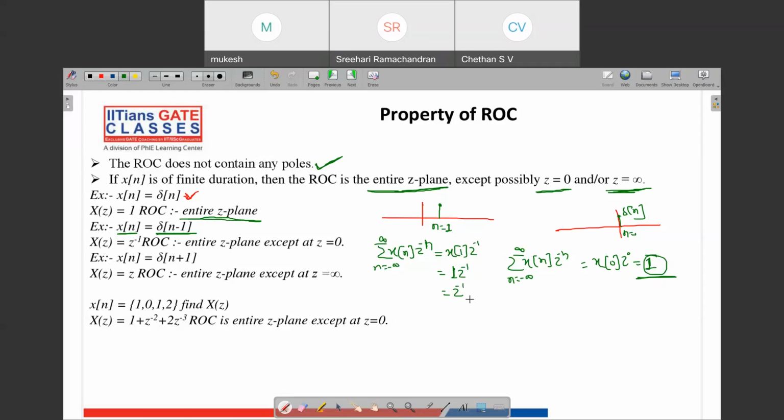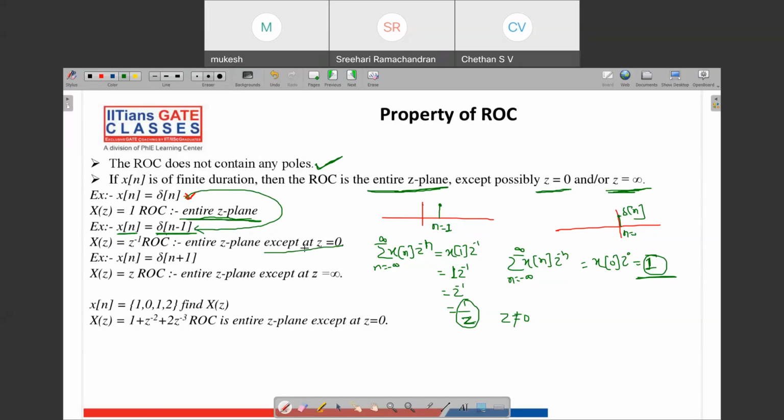You can also write this term as 1 by z. This 1 by z will converge only when z is not equal to 0. For the rest of the values of z it converges, but as soon as you put z equal to 0, it becomes infinity. That's why in this case the ROC will be the entire Z plane except at z equal to 0. So you see, you have these two finite duration signals, but for the first case the ROC is the entire Z plane, and for the second case it is the entire Z plane except at z equal to 0.